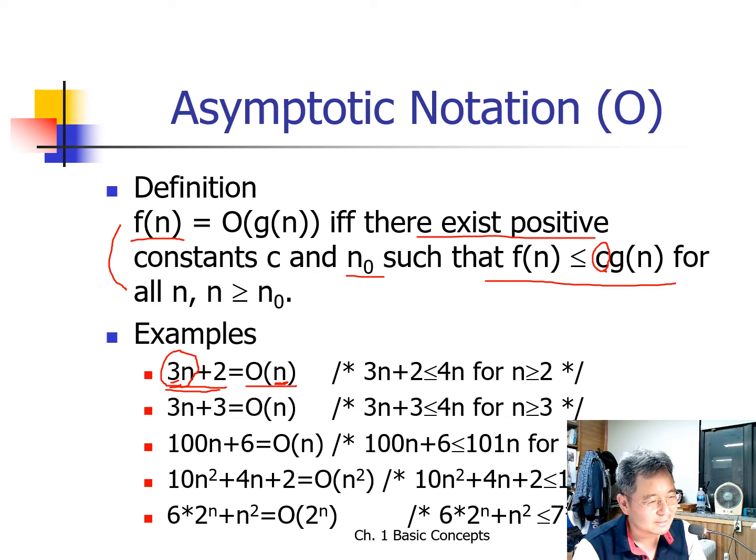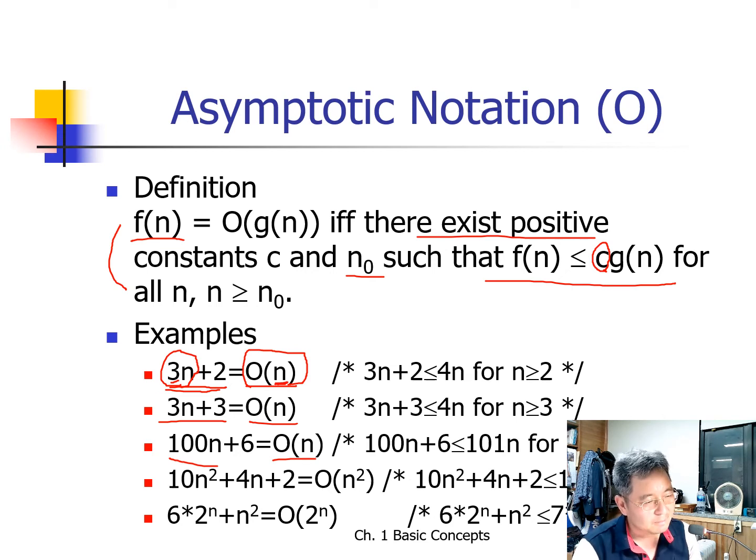This is a class. So we represent this 3n plus 2 as big O n. The same way 3n plus 3 also can be represented as big O n. Even 100n also belongs to big O n.